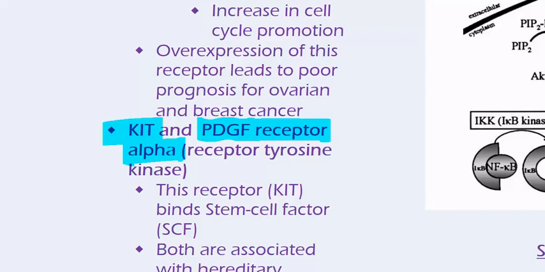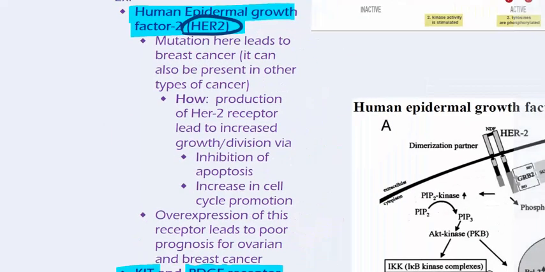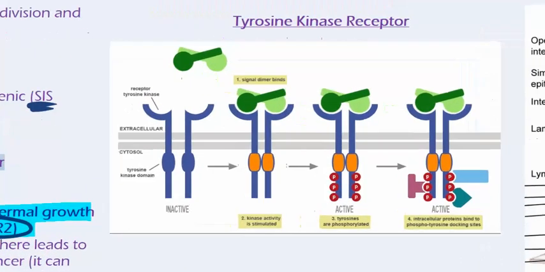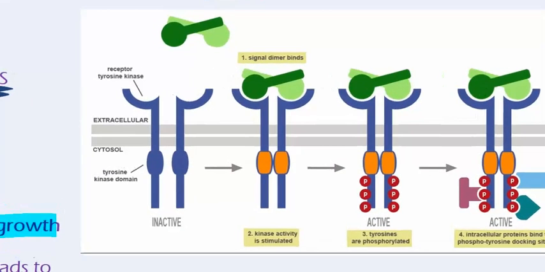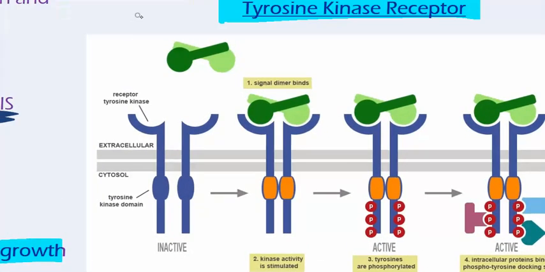So basically, these receptors are tyrosine kinases. Are they types of growth factor receptors? Growth factor receptors, exactly. Let's look at these tyrosine kinases and get an idea of how they're actually working. We're looking at a tyrosine kinase receptor. This is possibly a growth factor.